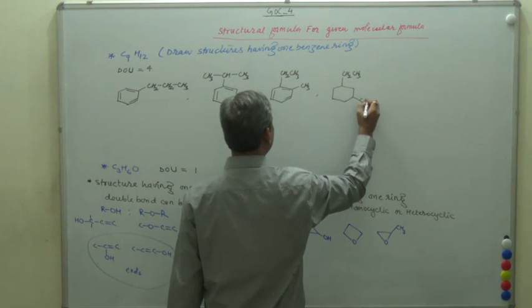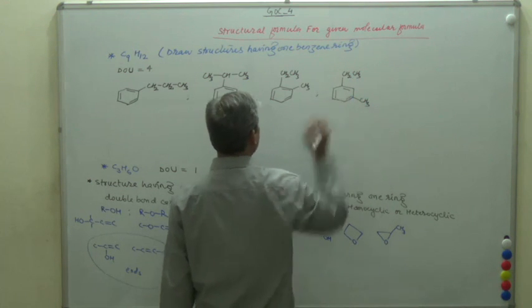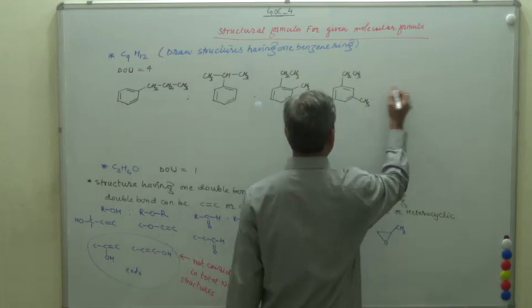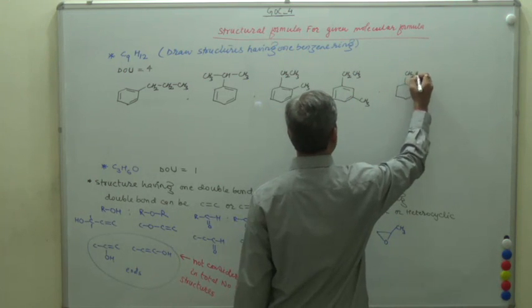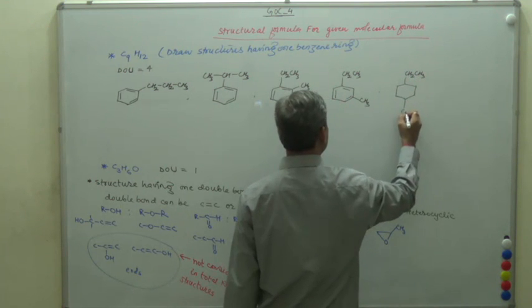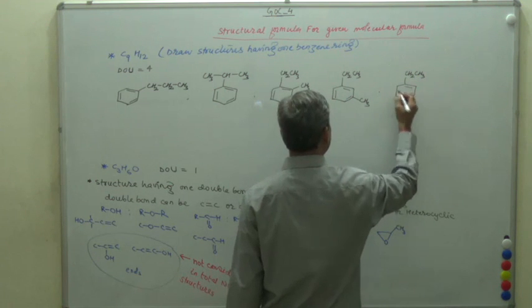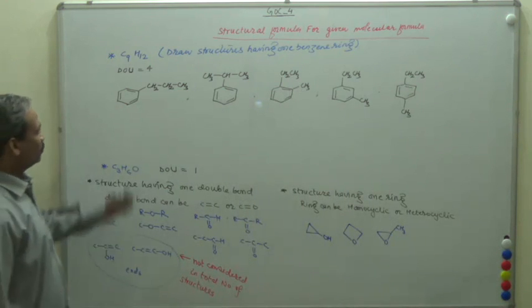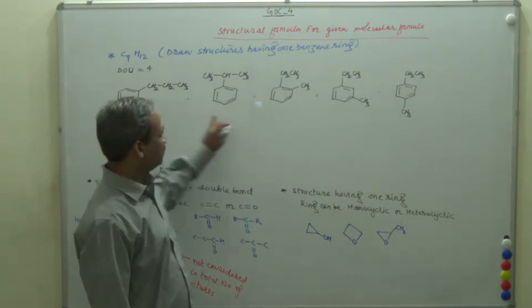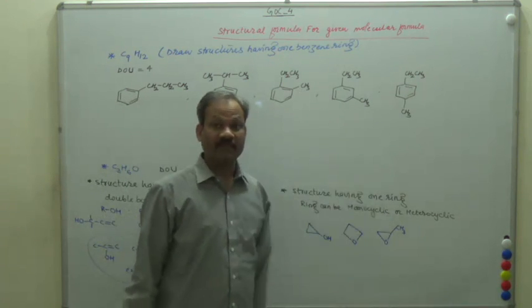And for 2 side chains, we have 3 positions: ortho, meta, and para positions. These 2 are called monosubstituted benzene, and these 3 are called disubstituted benzene.